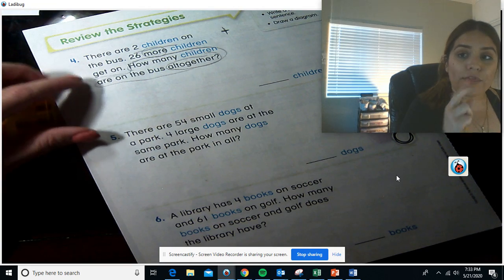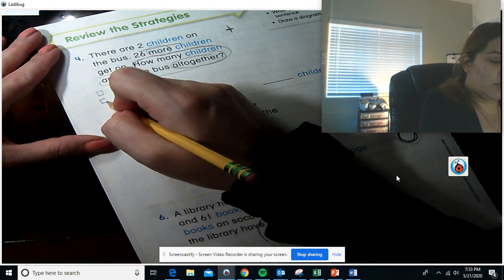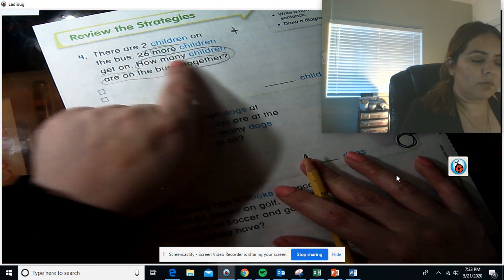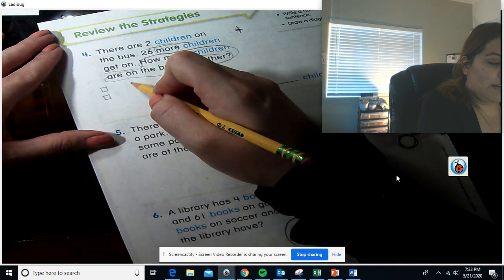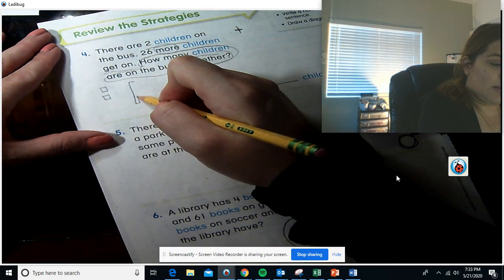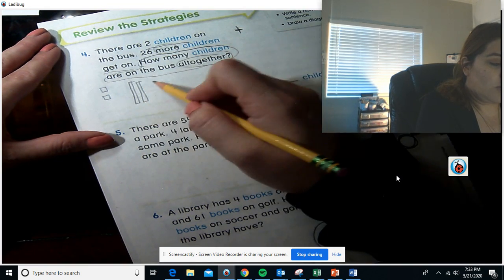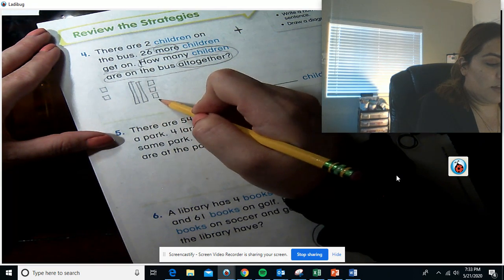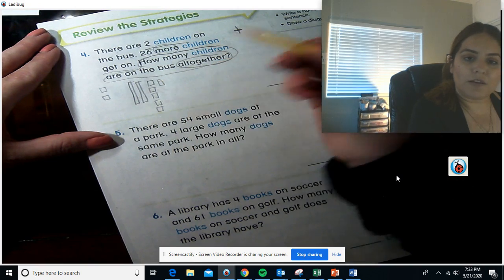So I'm going to use pictures to help me draw. It says there are 2 children. 1, 2. And there are 26 more children that get on. So I'm going to do my tens. 10, 20, 21, 22, 23, 24, 25, 26.